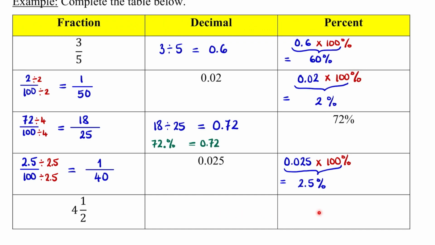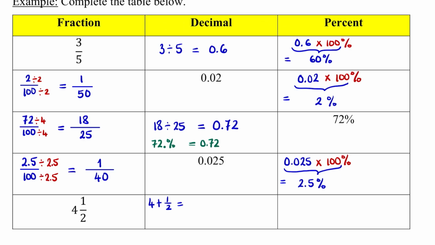The last row, I have 4 and 1/2. This is a mixed number. The whole number part is 4, and then 1/2 is the fractional part. And I want to write this as a decimal and also as a percent. I will write this as a decimal first. 4 and 1/2 means 4 plus 1/2. And 1/2 is 0.5.